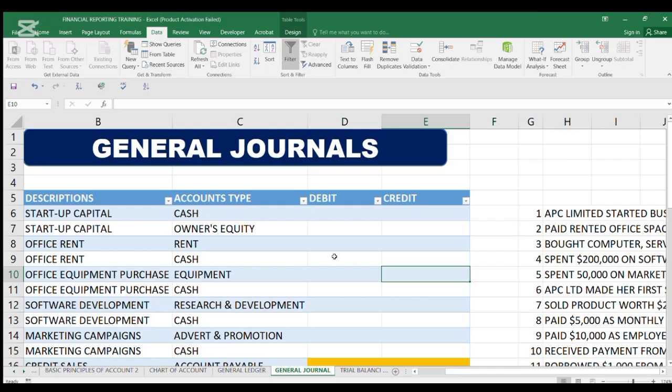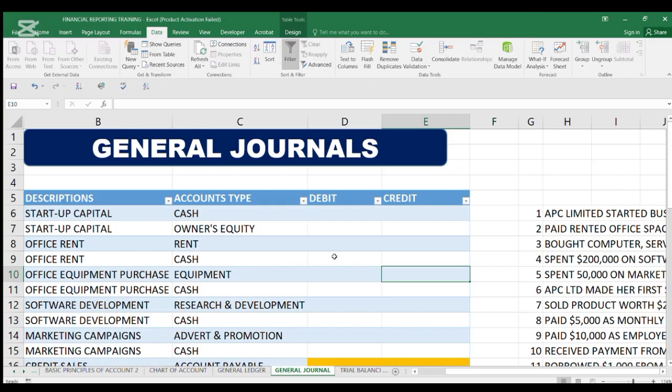So to take you from the basics, we're going to make use of this particular Excel accounting software developed by myself. So here I have with me the raw transactions. Let's assume that you are an accountant that is managing this particular client business. All right, this is a small business, and let me take you through the raw transactions.